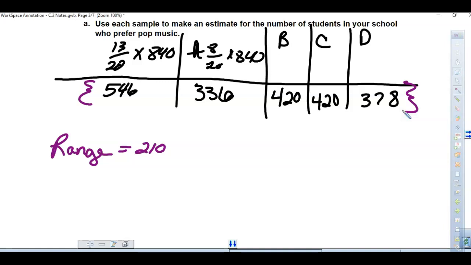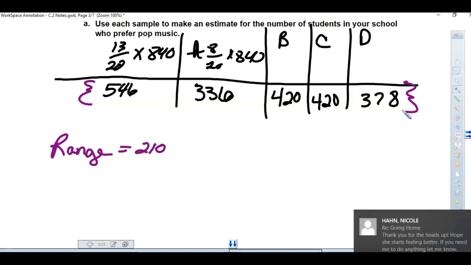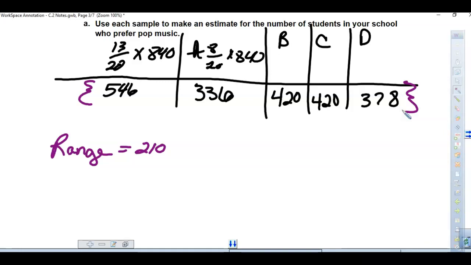Did you have a thought? No? Okay. When do we use the median? When there's gaps or a gap. Do we see a gap in our data? Right? There's lots of gaps there. So the median would be more preferable over the mean. So what is the median?